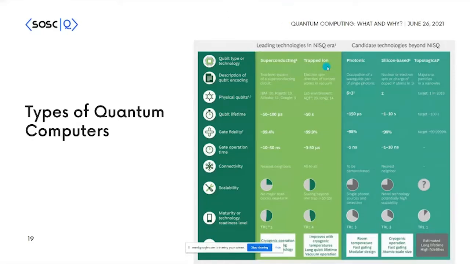Then we have trapped ions. You trap an ion in a lattice, and you can measure the spin in vacuum, and that's how you get the state 1 or 0. Next is a photonic computer, which is a hot topic right now, because while all these other types of computers need sub-zero cooling and vacuum conditions, photonic computers can work at room temperature.